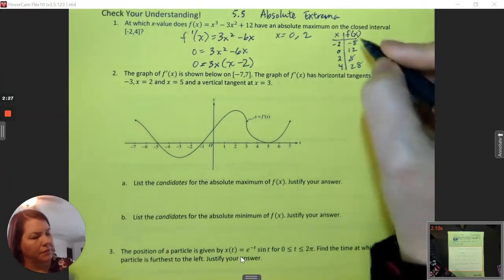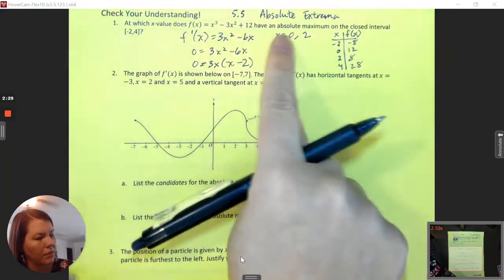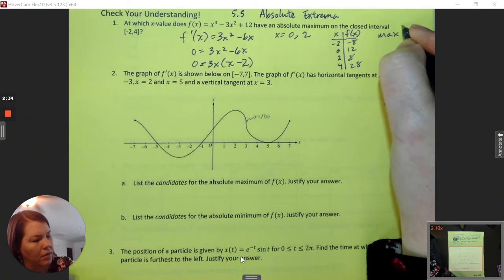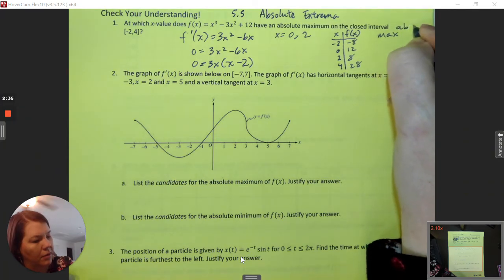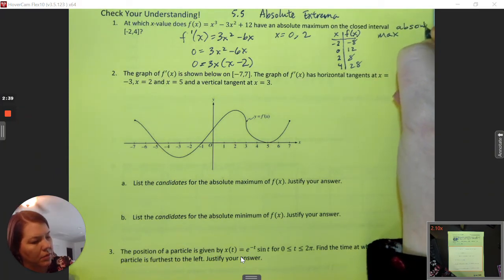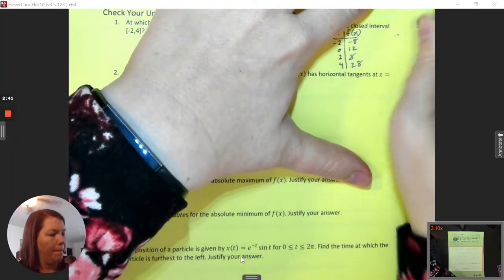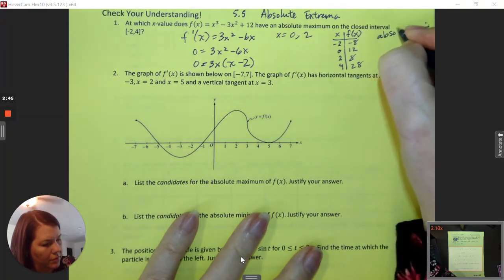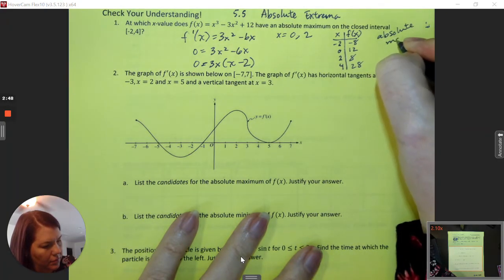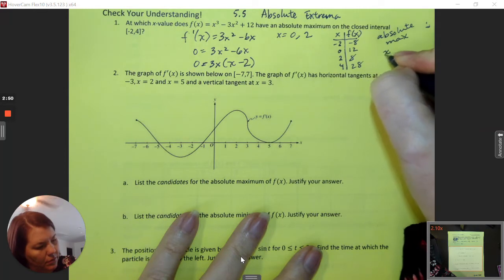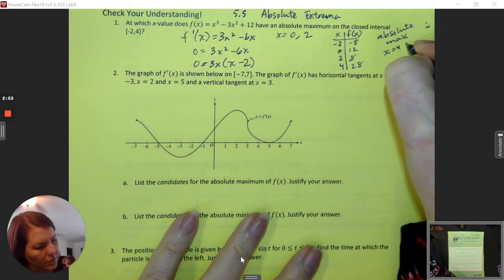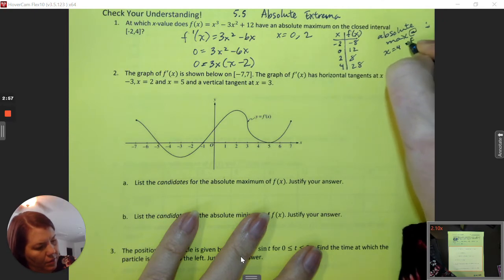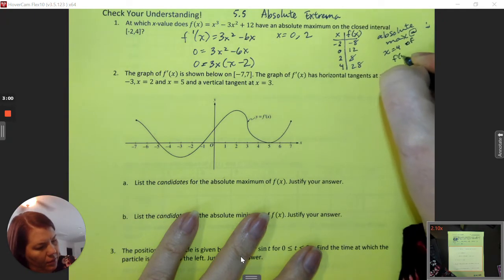So my absolute max is at x equals 4, where f of 4 is 28.